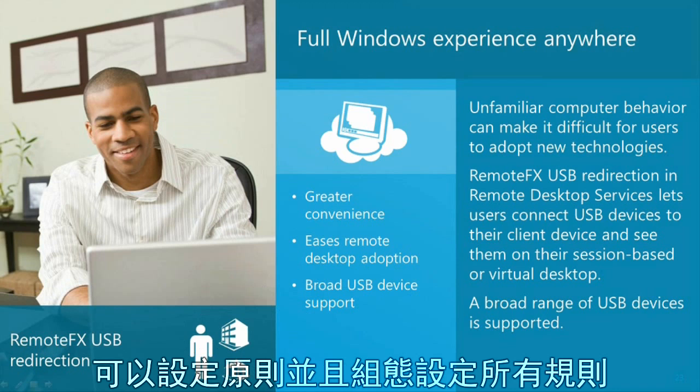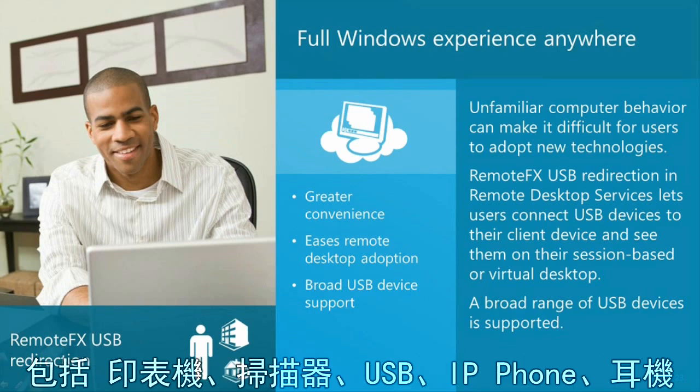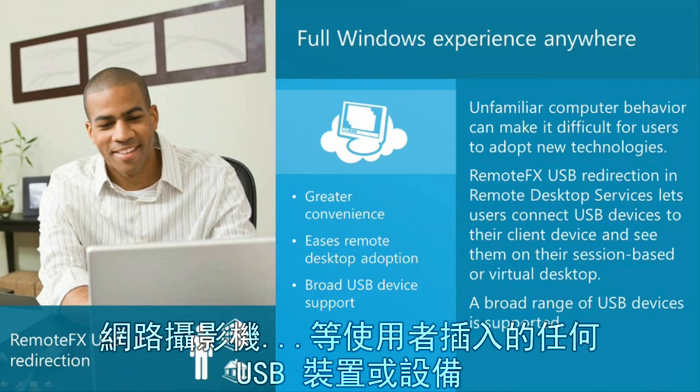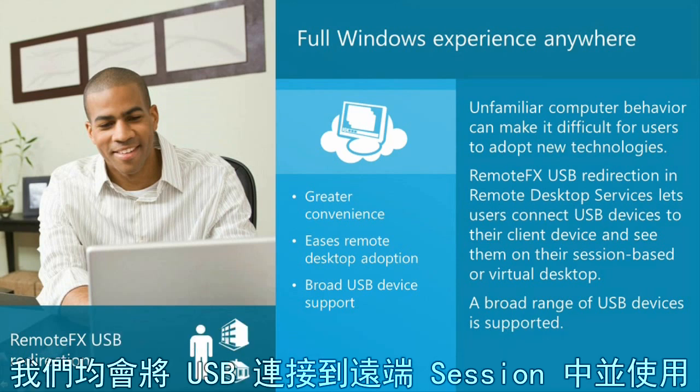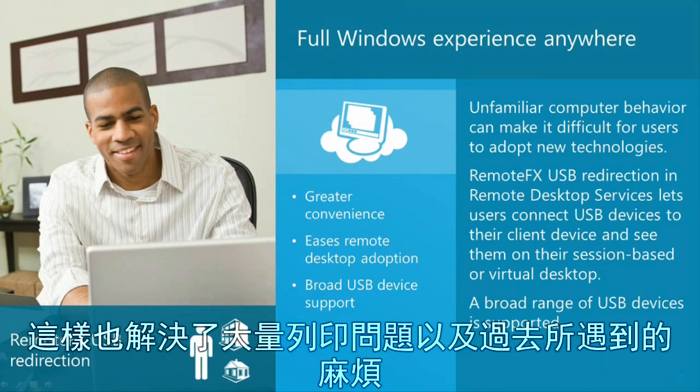But for example, any printers, scanners, thumb drives, voice over IP headphones, headsets, as I said, webcams, really any USB device you plug in will just remote that USB bus up to the remote session and make that available. So it solves a lot of the problems with printing and things that have happened in the past.